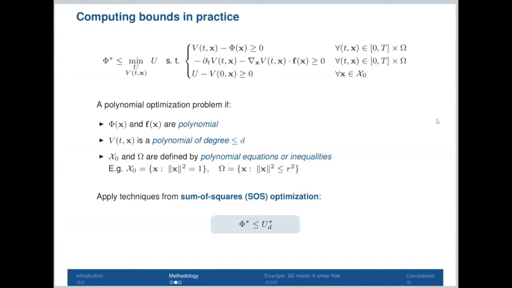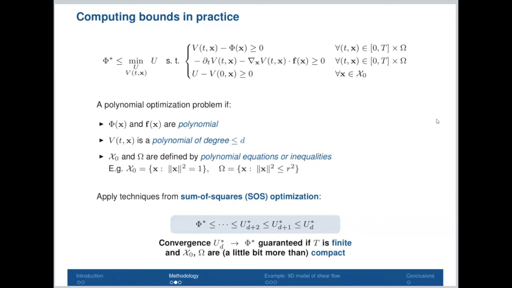And if I apply these techniques, what I can do is compute an upper bound, which I'm going to denote U star D, where D is the degree of my auxiliary function V. Now, I can repeat this operation for different values of the degree D, so I can keep increasing this. And in fact, what I find is a sequence of upper bounds, which can only get better as I increase the value of the degree of the auxiliary function.